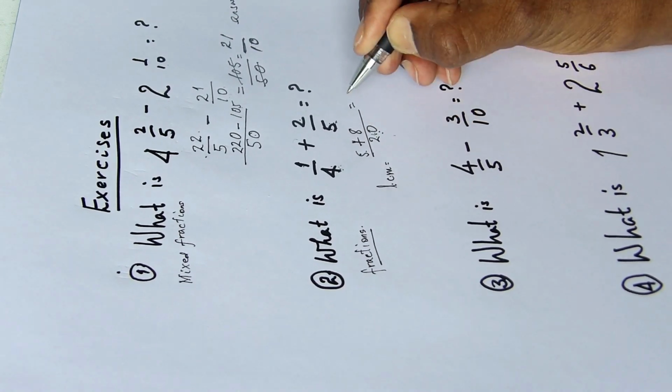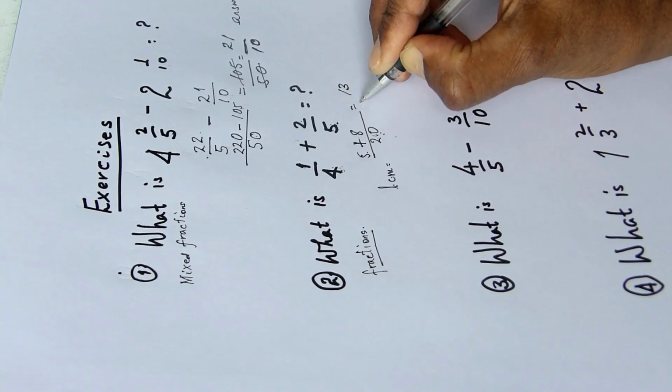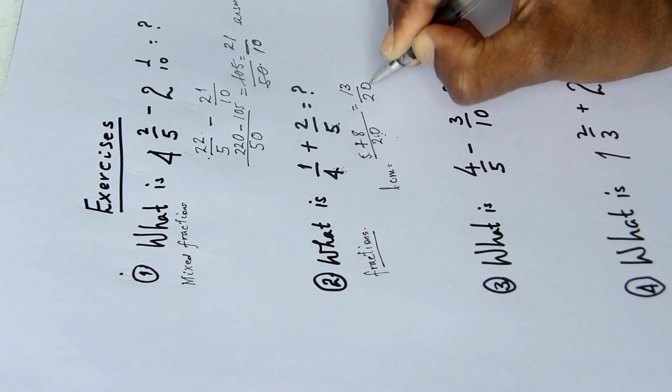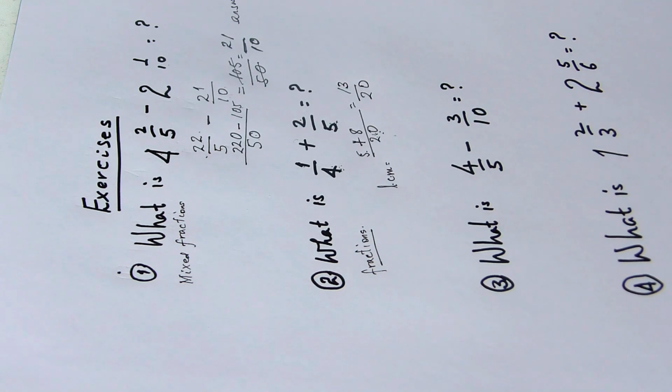Then you need to add them. 5 plus 8 is 13, over 20. This is the simplified form, the answer.